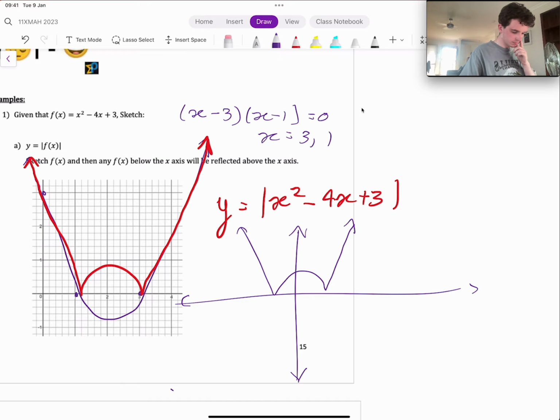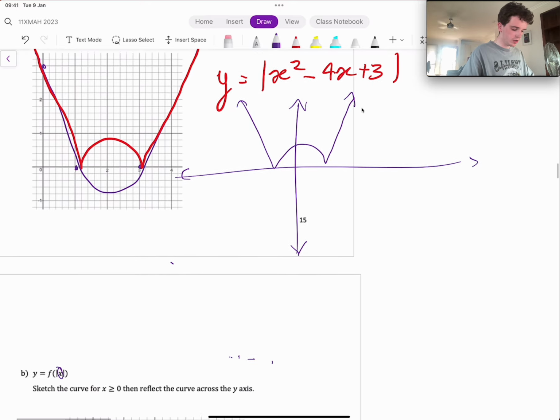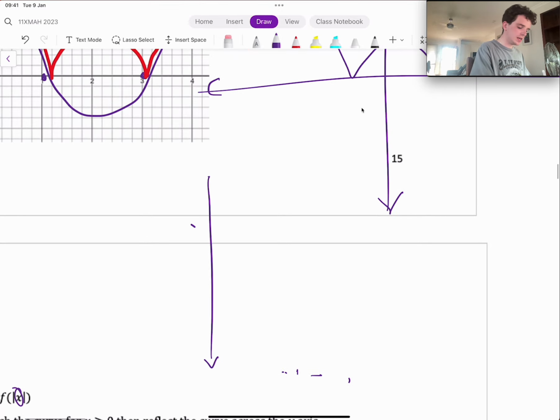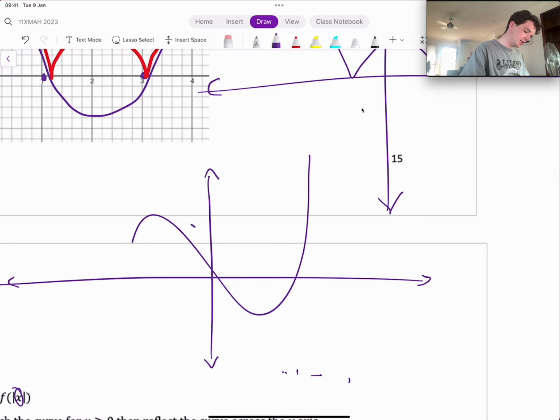Okay, let's do another example. Let's say we've got this funny looking function here. Let's say maybe that's a positive cubic function. Let's say this was y equals f of x.